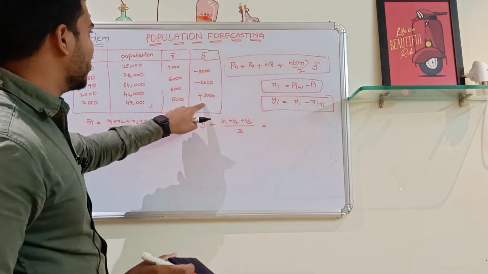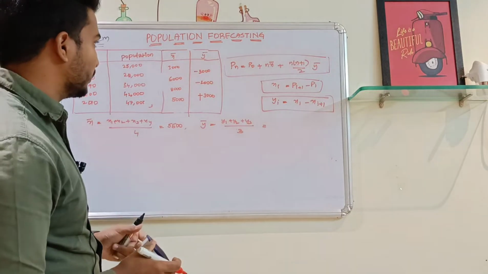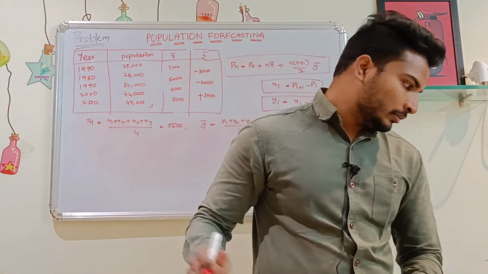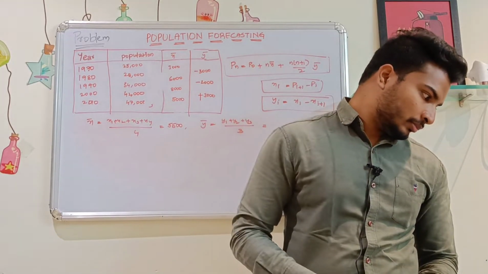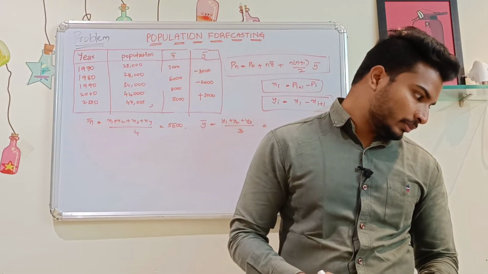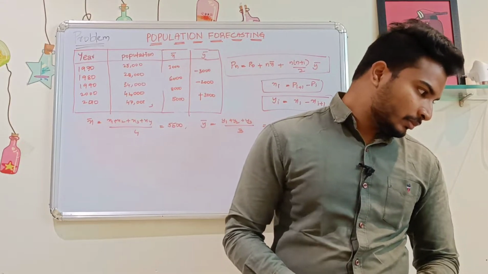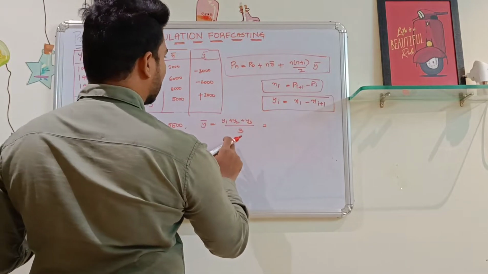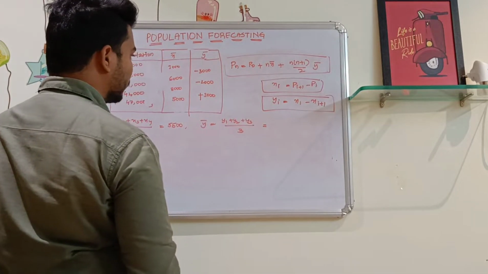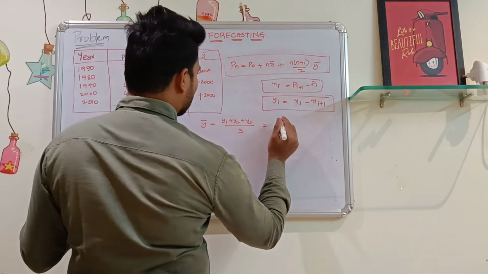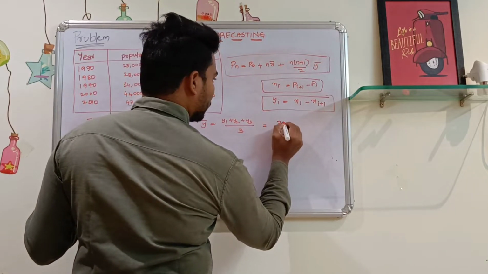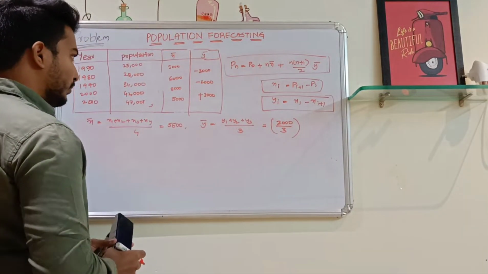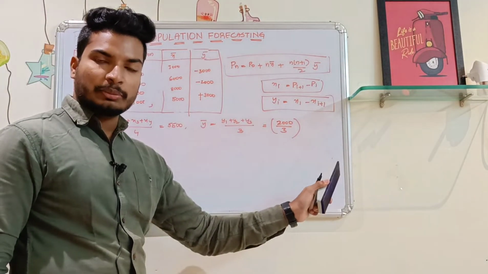This is plus 3000, minus 3000, 2000, that is like minus 1000, right? 3000, 3000, 2000, 2000 by 3. So y bar is 2000 by 3.